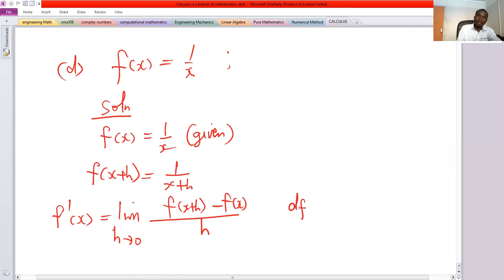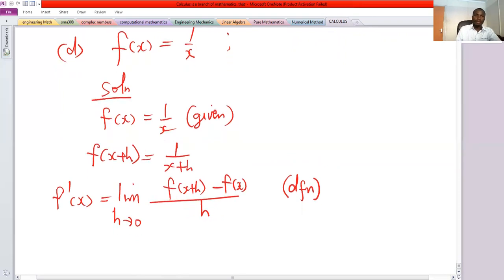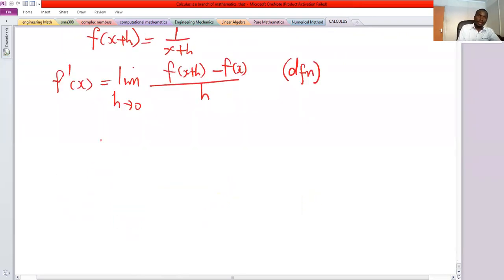This is by definition of a derivative. Now replace the values. So we'll have f prime of x equals 1 over x plus h minus 1 over x, divided by h, limit as h approaches 0.